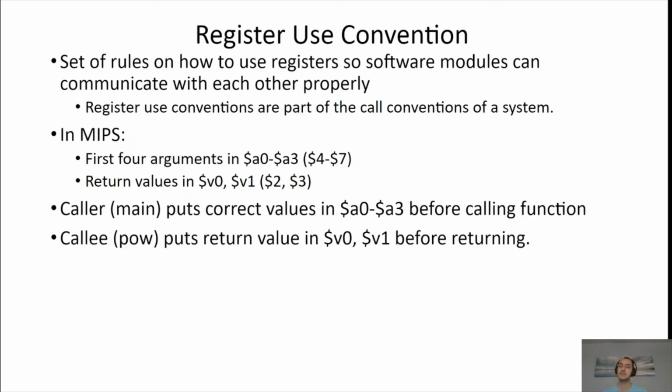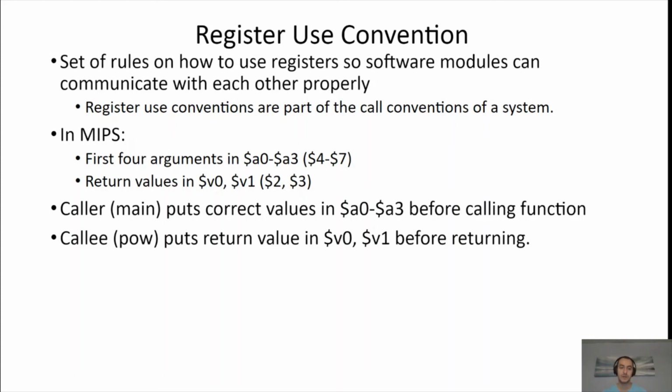So if you take some function and bring it into your code, you should be able to call it without worrying about the implementation or how it's done, because you expect that the person who wrote that function also followed that convention.